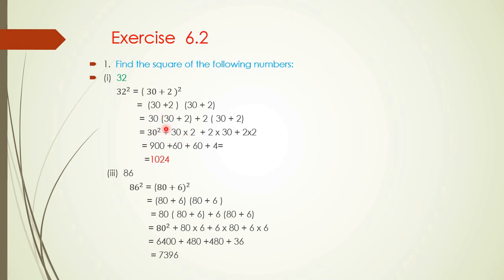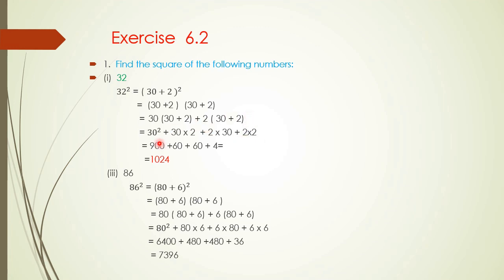So 30 into 30 is 30 square. 30 into plus 2, we write the plus sign here and then write 30 into 2. Then we multiply plus 2 into 30 and plus 2 into plus 2. So plus we write 2 into 30, and plus into plus we get plus, and we write 2 into 2 here.